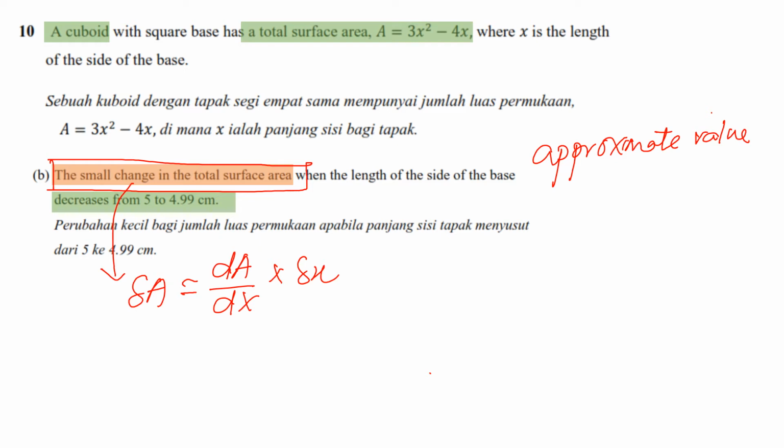Then what is approximate value? The approximate value of the surface area will be given as below. A, the new area, is equal to the original area plus del A. So the original area, where do you get the original area?